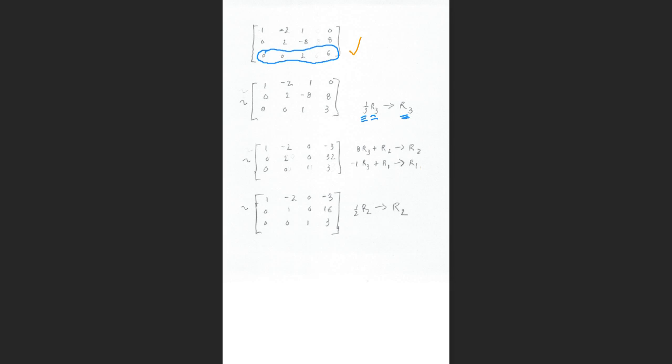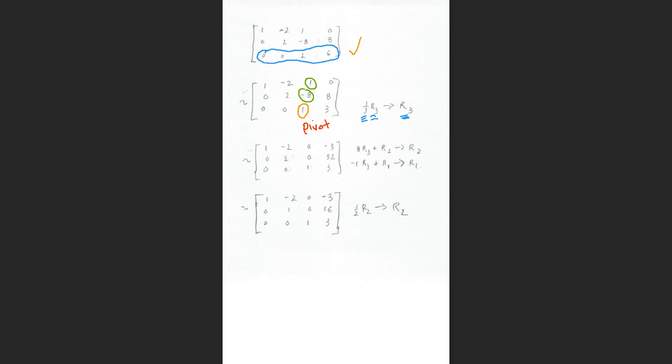Now I have this 1 here, and that 1 can be used as a pivot to produce zeros in these two spots here where the 1 and the -8 are. Let me see. Oh, do I have an error?